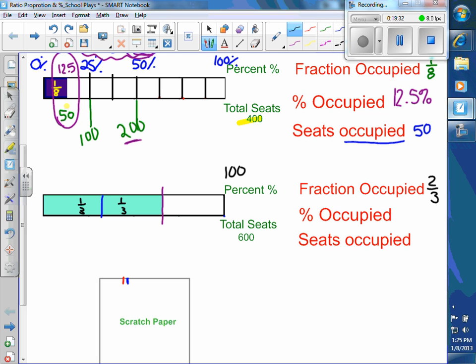So this answer right here has to be 30 something. And if you remember those benchmark fractions, we wrote it as 33.3 with a little bar over it because it repeats. It's one of those memorizing fractions. And this was 66.6 repeating. So that's the percent occupied. Now, you might not have a perfect memory on that, so that's one we can practice.